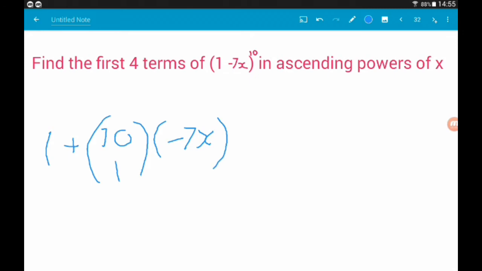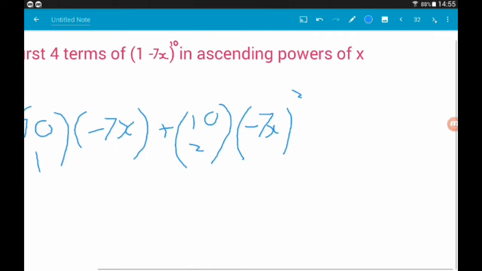Then it's going to be plus 10 choose 2 times minus 7x all squared. So that's 3 terms, we need one more term.